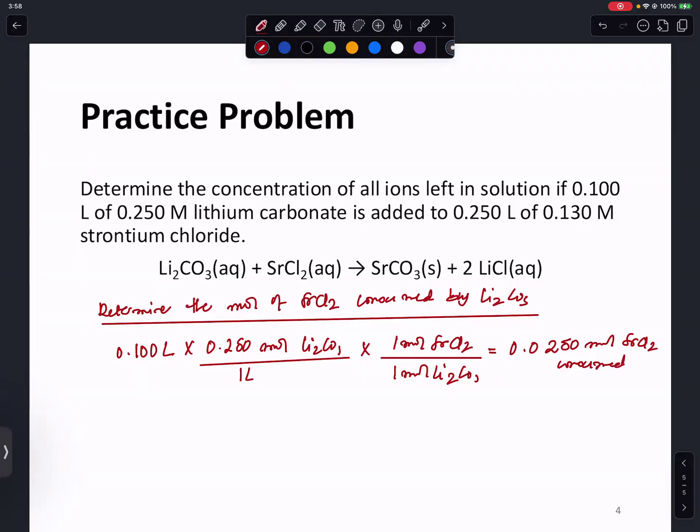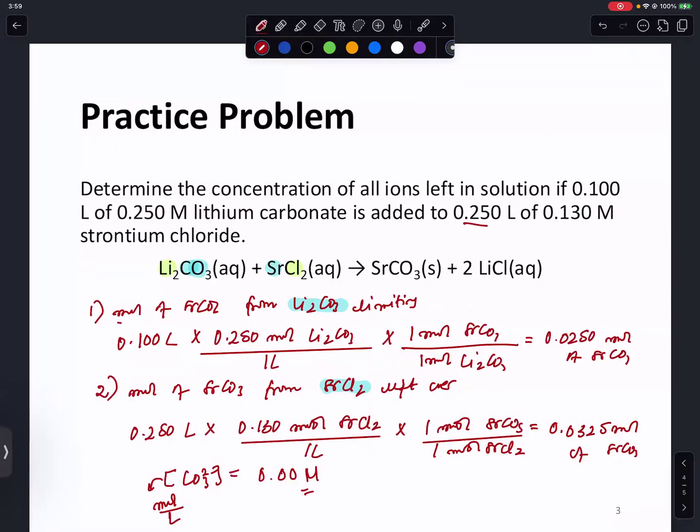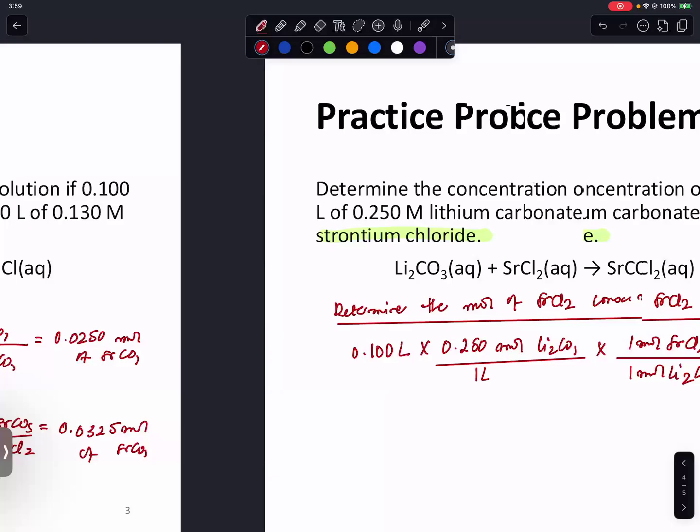Now we need to subtract this from the initial amount given in the question, which is this one over here. So I can say initial moles. Did I already calculate that in the question? Oh, let's calculate it again.